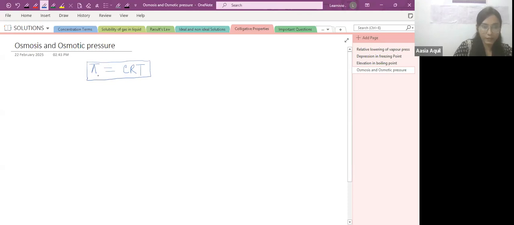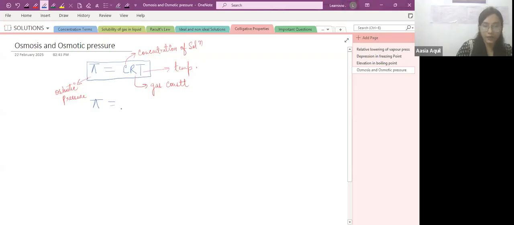Okay, here pi is your osmotic pressure. C is your concentration. Concentration of what? Concentration of solution. R is your gas constant, and T is your temperature. Okay, this relation can also be given by pi equals to, what's the concentration here?